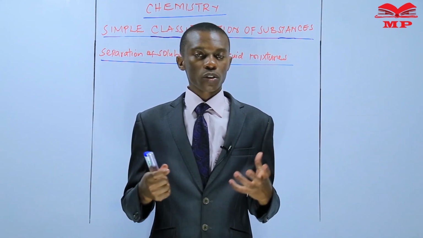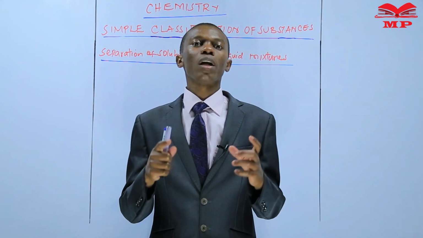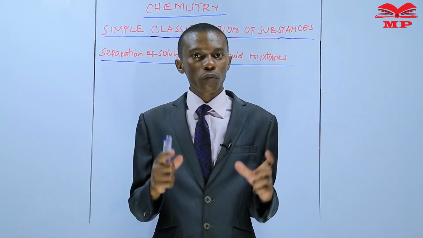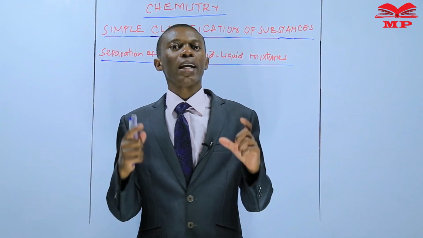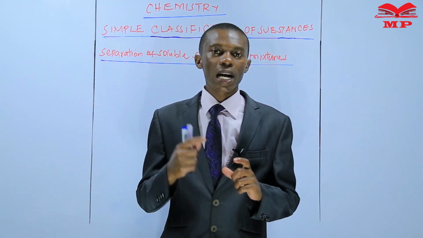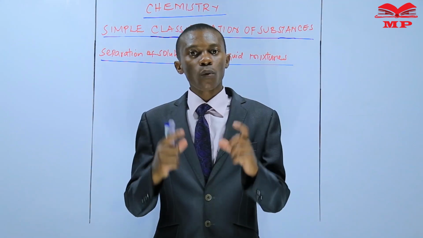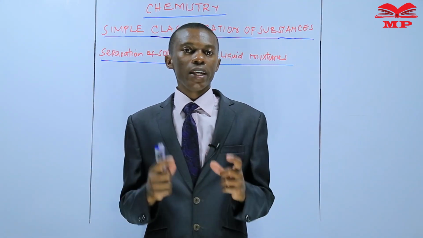In this lesson, we are going to discuss how you can obtain a solvent from a solution. How can a solvent be obtained from a solution? That is what I want us to learn in this lesson.